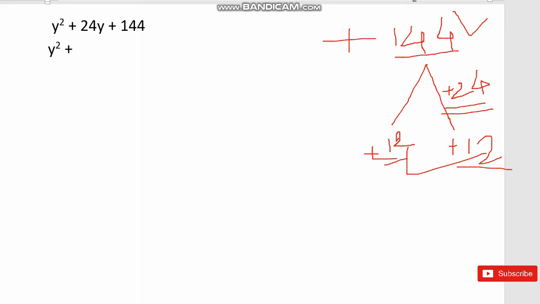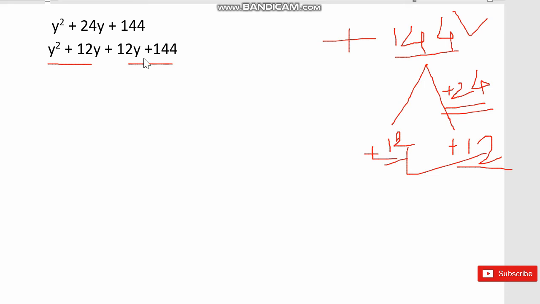Plus 12y plus 12y plus 144. So we are splitting the middle term, which is 24y, and we get plus 12y plus 12y. Now let us see, making the group of the first two terms and the group of the last two terms. So we get y square plus 12y and 12y plus 144.